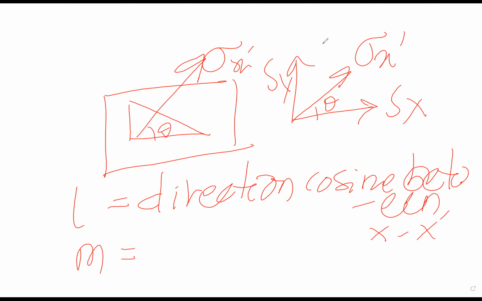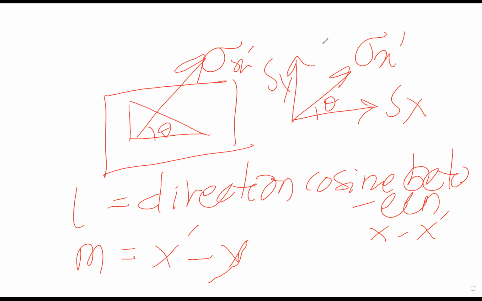Similarly, M is the direction cosine between x dash and y. L is for x dash and x, and M is for x dash and y. Direction cosine between x dash and y.